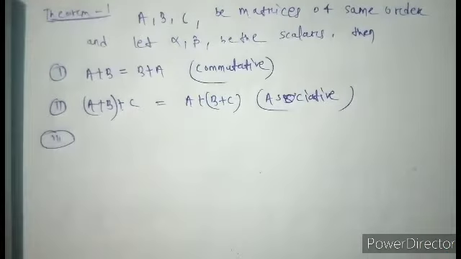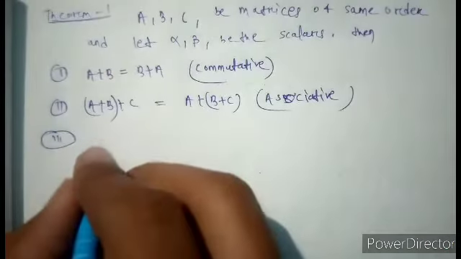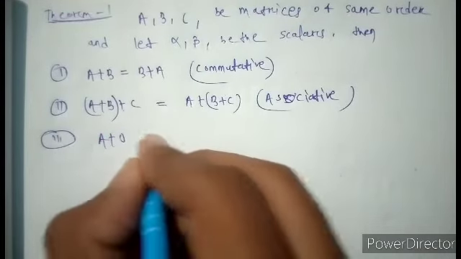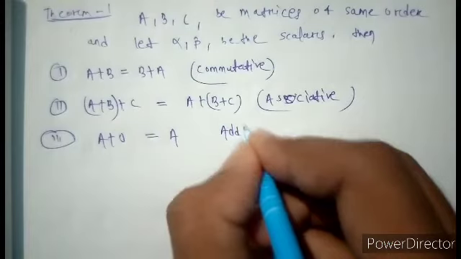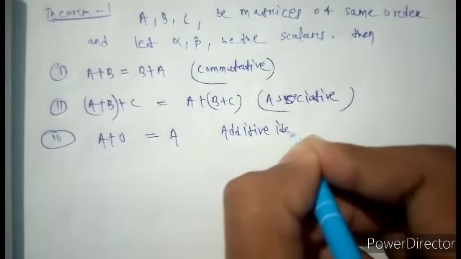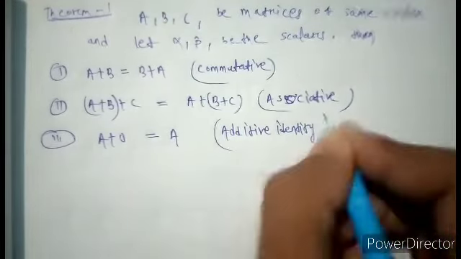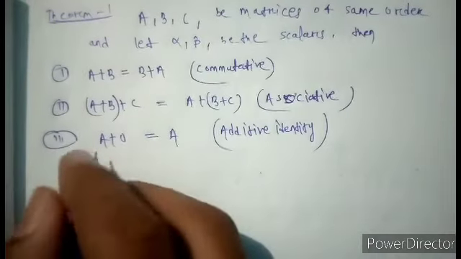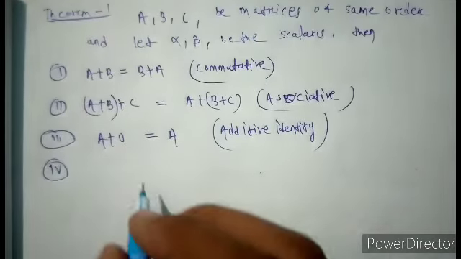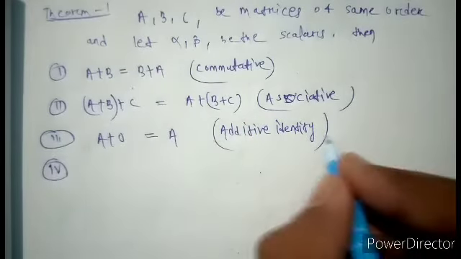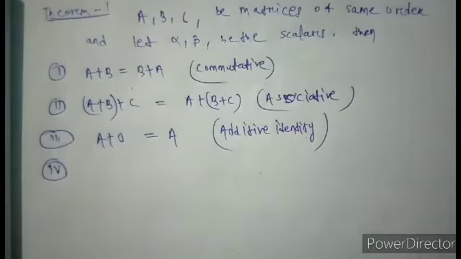The third one is A plus 0 is equal to A, which is called the additive identity. Here in the case of addition, there is the existence of additive identity.